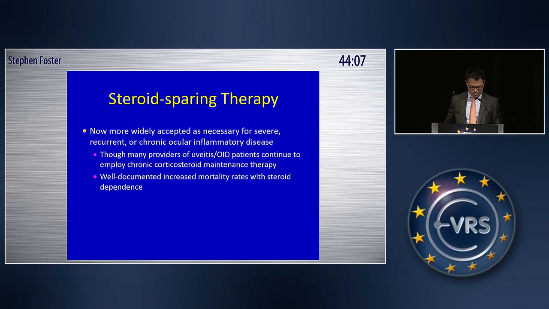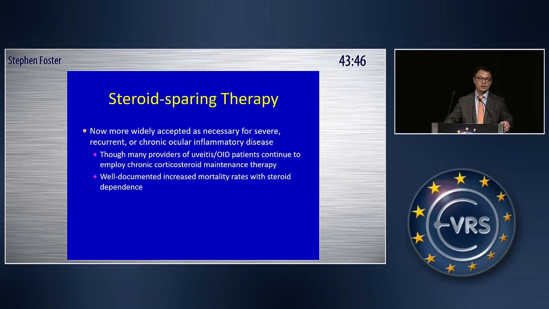Now, this is steroid-sparing therapy. This is basically what we do, and it's now more widely accepted. However, there are still not enough people going to steroid-sparing immunosuppressive therapy early and aggressively enough. And even rheumatologists had to learn it the hard way.